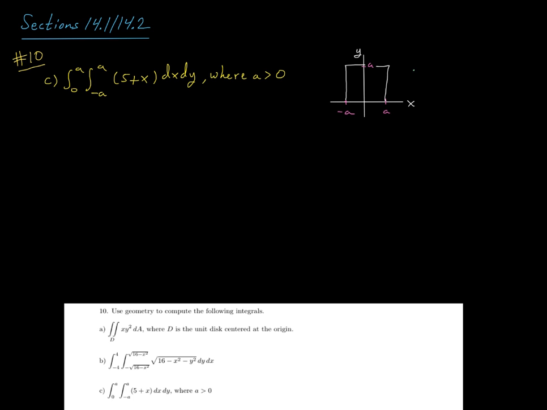So we're going to integrate over that region right there. And so I'll go ahead and call this region R. And what I'm going to do now is I'm going to say this is equal to the double integral over our region R, and we're integrating 5 plus x dA.